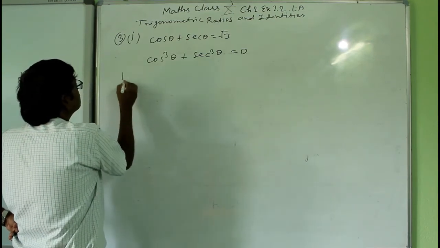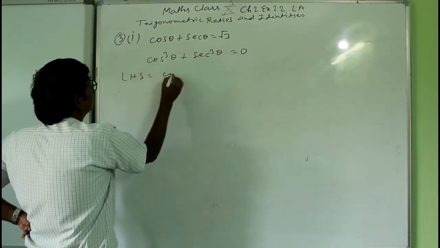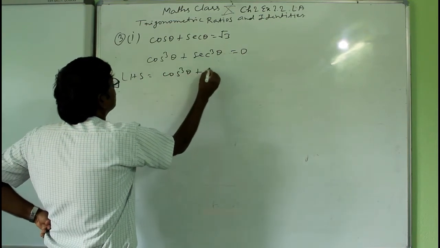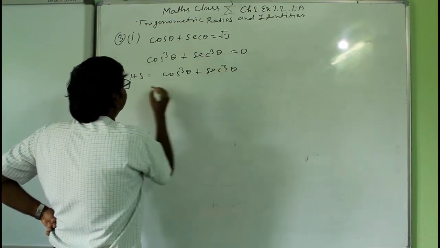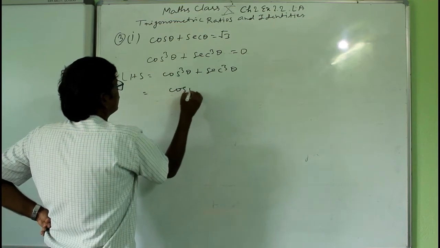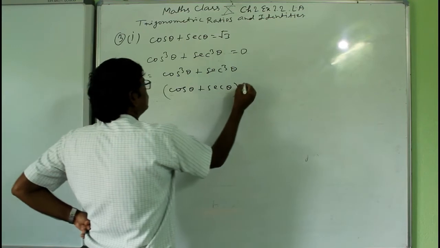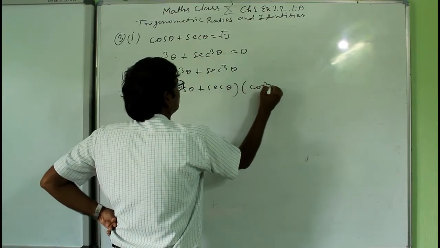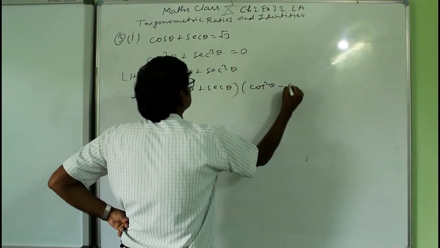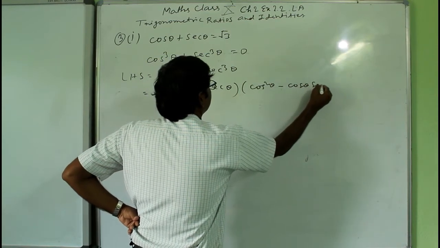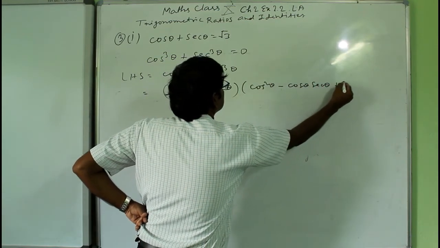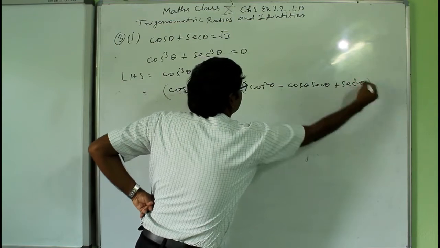Write here that LHS is cos cube theta plus sec cube theta, equal to cos theta plus sec theta into cos square theta minus cos theta sec theta plus sec square theta.